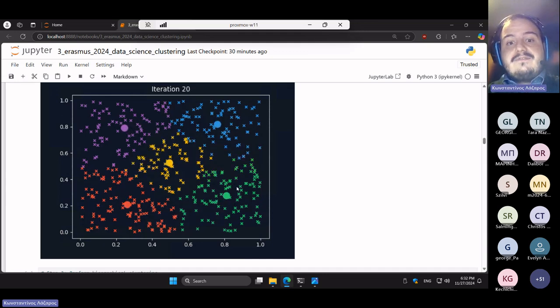And what happens is that after we've assigned points to specific clusters, we then update our centroids. So what we actually do in order to update the centroids in a two-dimensional format, as you've seen here, if we only have 2 dimensions, we basically get the measurements of each sample.